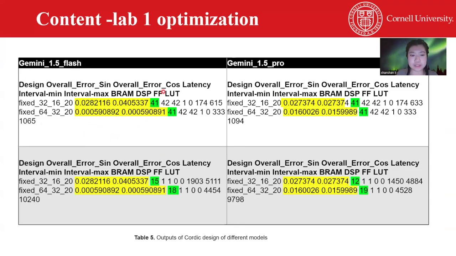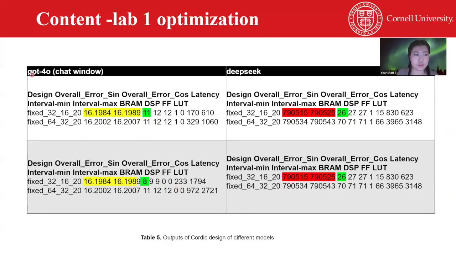And after optimization, we can see that it's reduced to less than 1/2. ChatGPT 4o has relatively small latency and small error rate, but DeepSeek doesn't work in these cases.